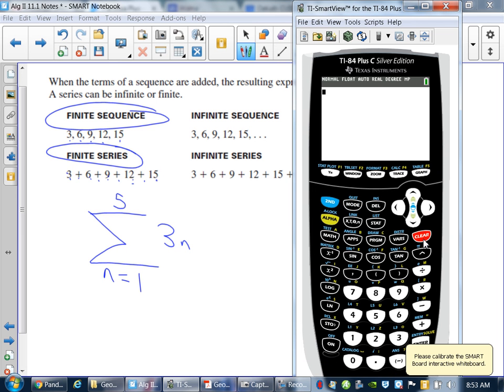Is it alpha zoom? Nope. Function. Yeah. Alpha zoom function 2. Alpha zoom, move to the left, and we go to summation.